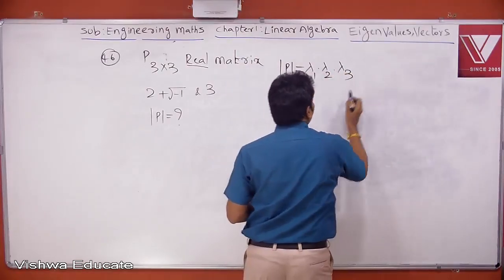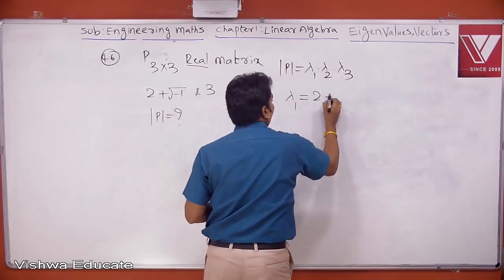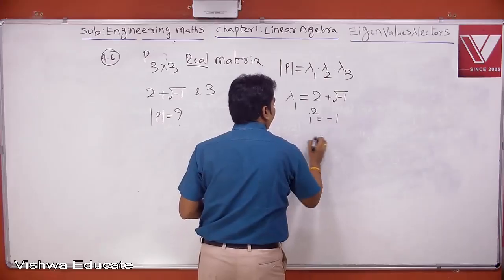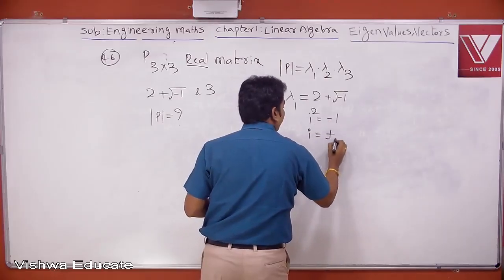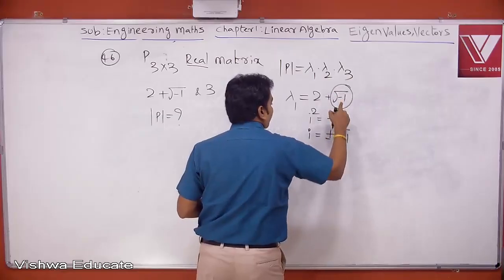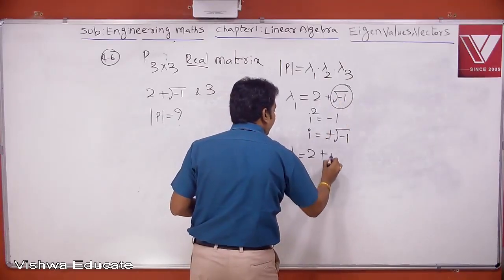Now, what is lambda 1? One eigenvalue is 2 plus square root of minus 1. Basically, i square equals minus 1, therefore i equals plus or minus root of minus 1. So in place of square root of minus 1, you can write i. So one eigenvalue is 2 plus i.